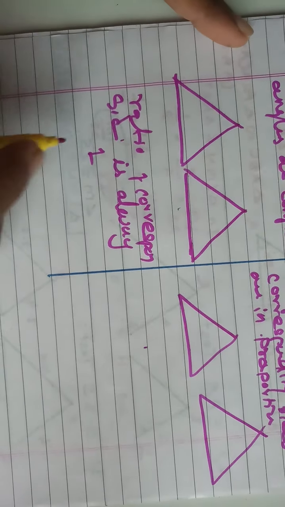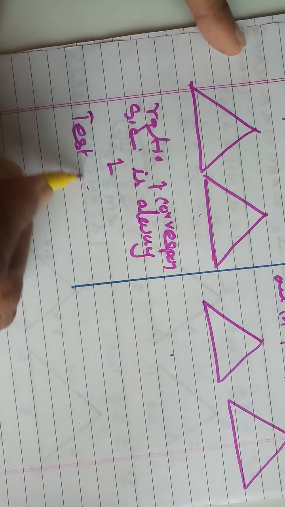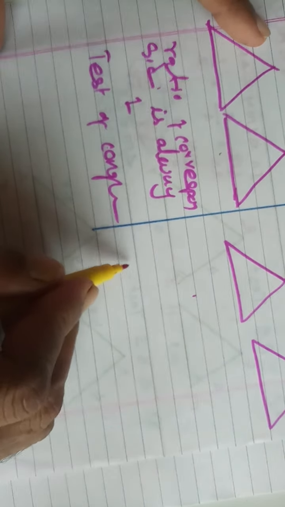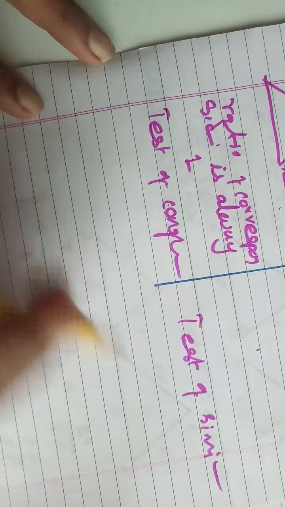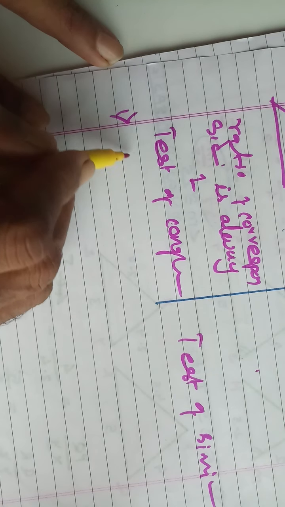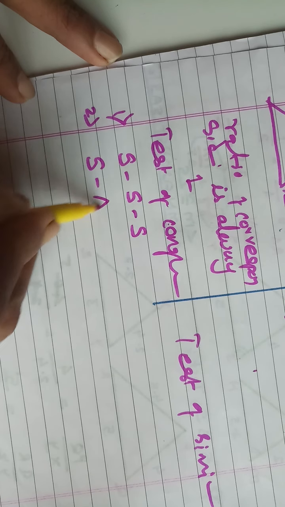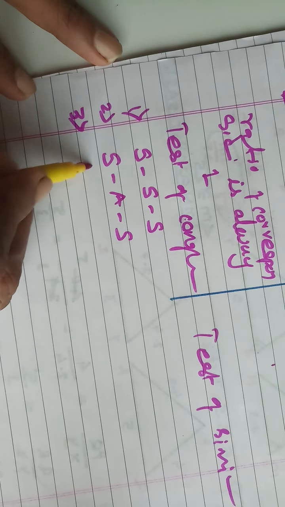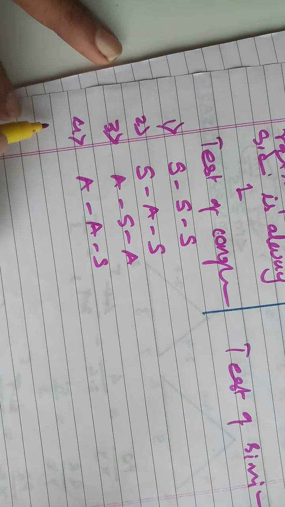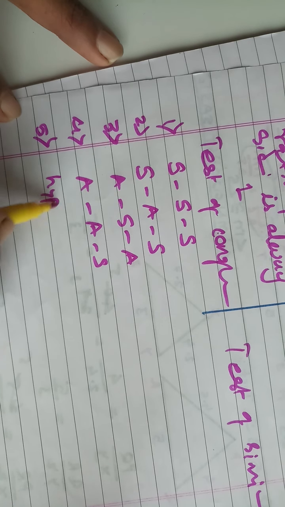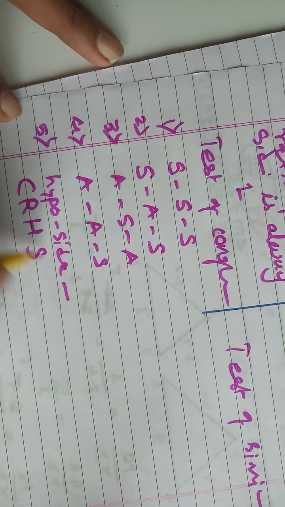The main difference is that in congruency we have 5 tests: first is S, second is S, third is A, fourth is A, and fifth is the hypotenuse theorem, which we can also call RHS.